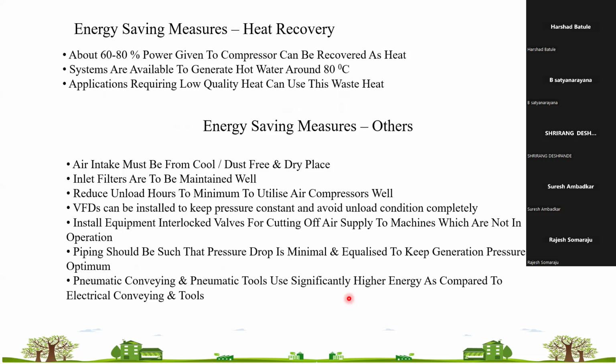If you are reducing your speed, your power drastically goes down, because of the affinity laws. If you reduce the speed of any induction equipment, your power goes down by the cube.